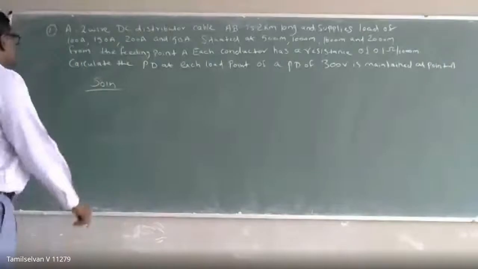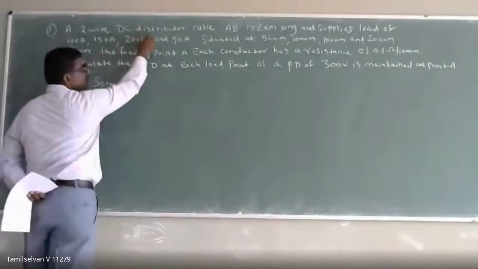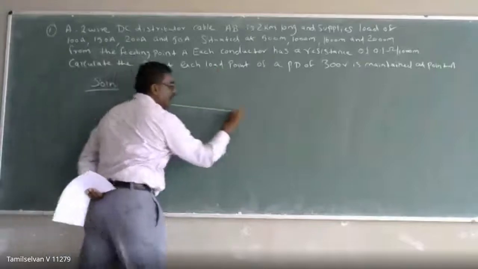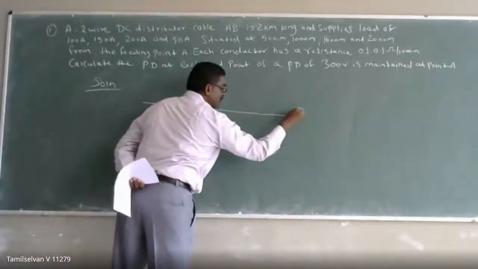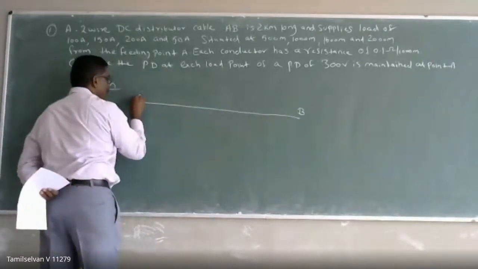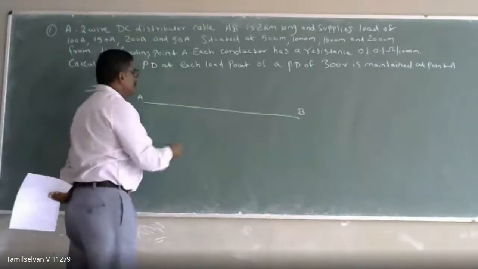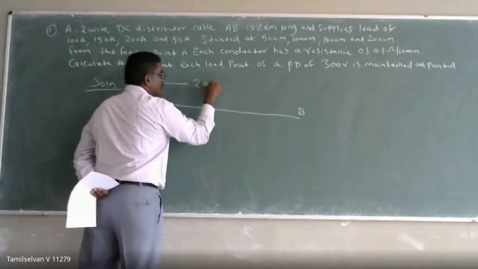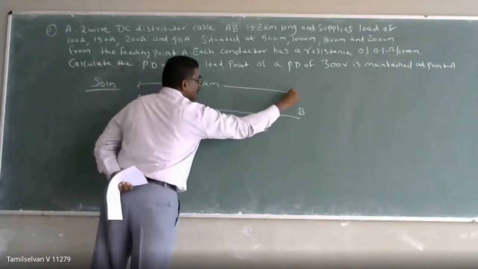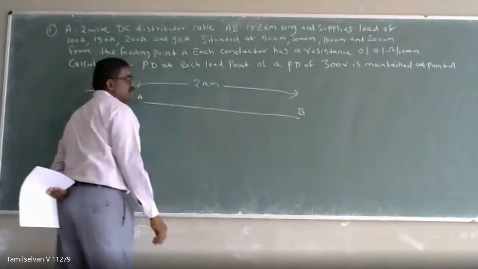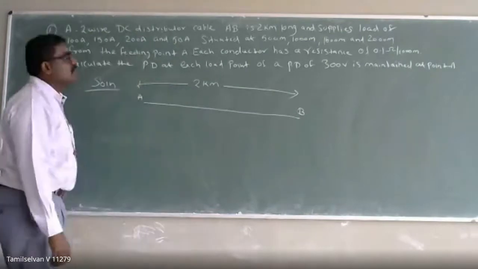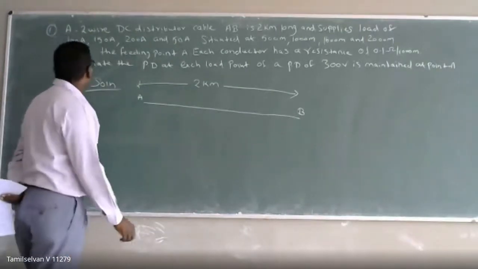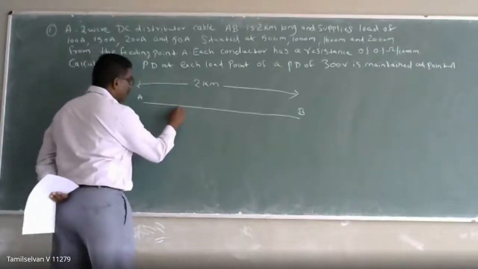Here a two-wire DC distributor cable AB. So this is B and this is A. It has a length of 2 kilometers, so the length of the cable is 2 kilometers, and it supplies a load of 100 ampere.